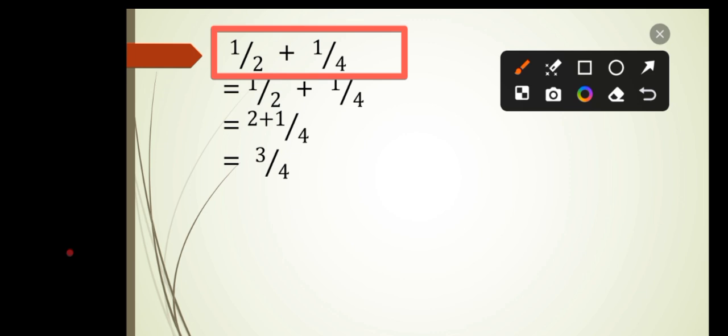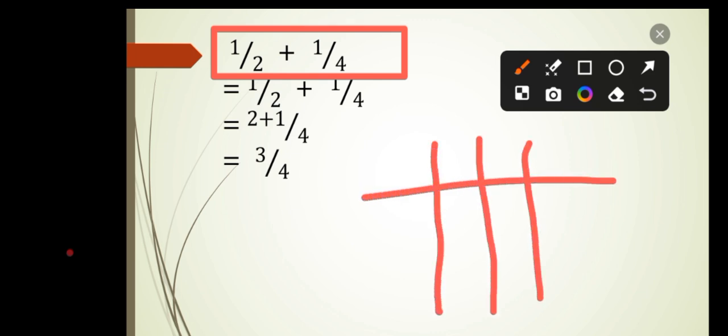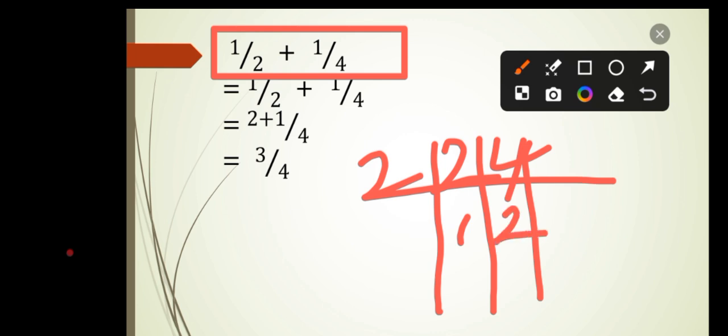What is the LCM of 2 and 4? The LCM of 2 and 4 is 4. So how do we get 4? Let us do it like this. 2, 4. 2 into 2 gives you 1. 2 into 4 gives you 2. 2 into 2, 2 into 1, since it cannot go, just bring down the 1. 2 into 2 gives you 1.